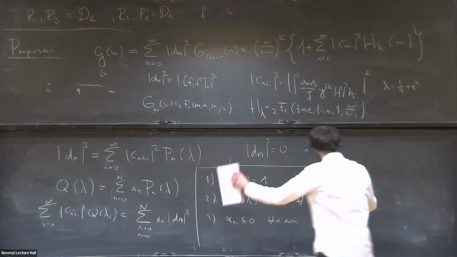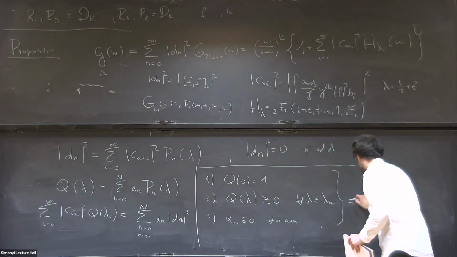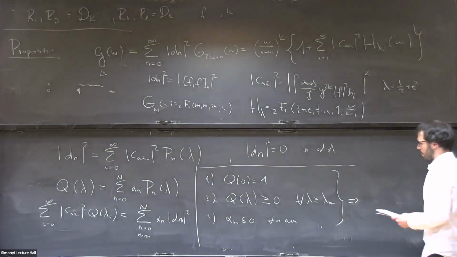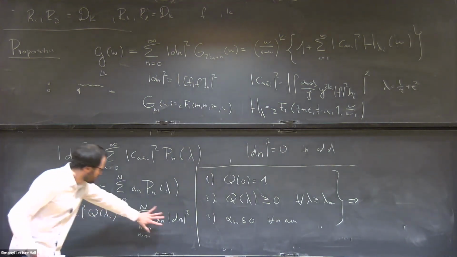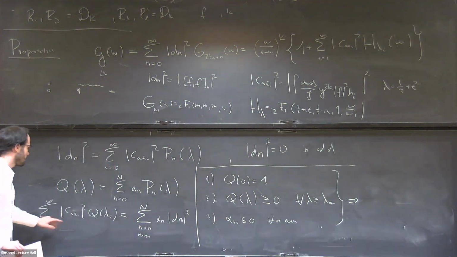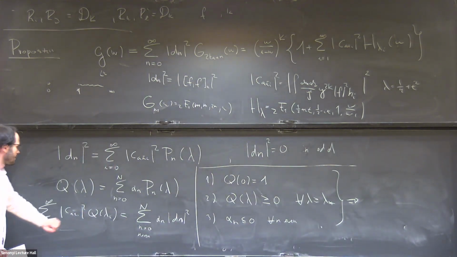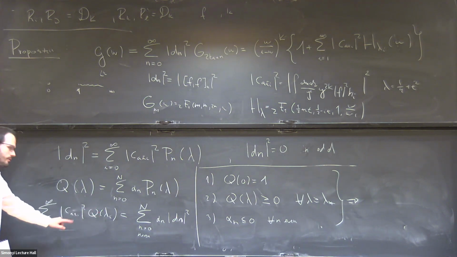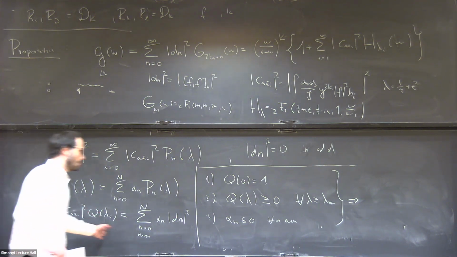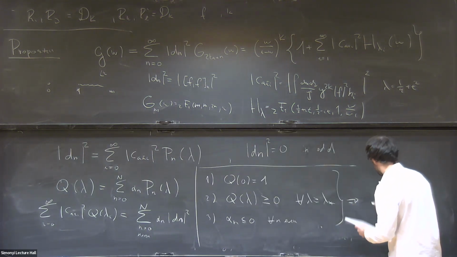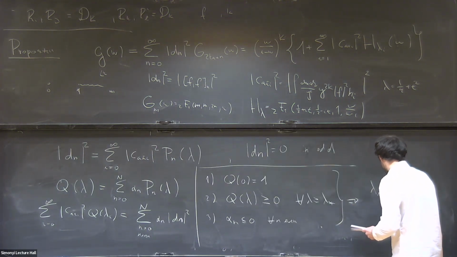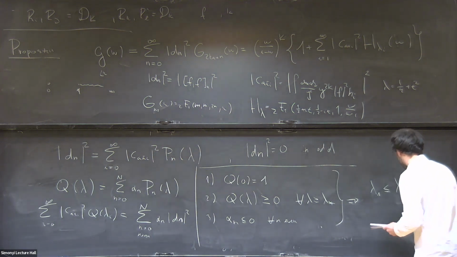Then, if you can choose alphas so these are satisfied, everything here is non-positive. There has to be at least one negative term on the left-hand side. So there has to be a lambda which is smaller than lambda star. So this gives you an upper bound on lambda 1, which is lambda star.